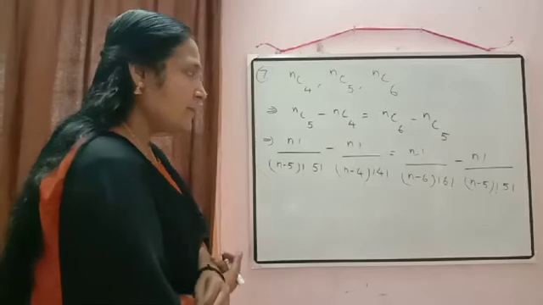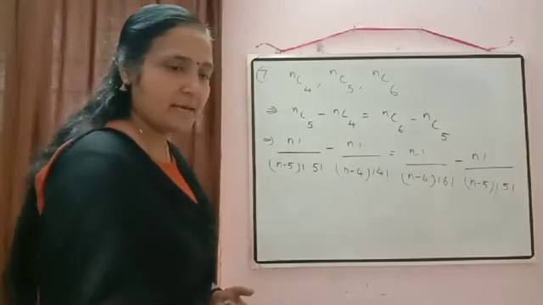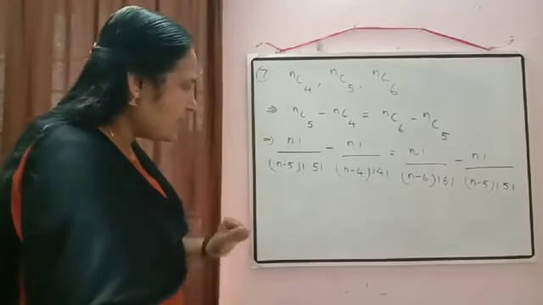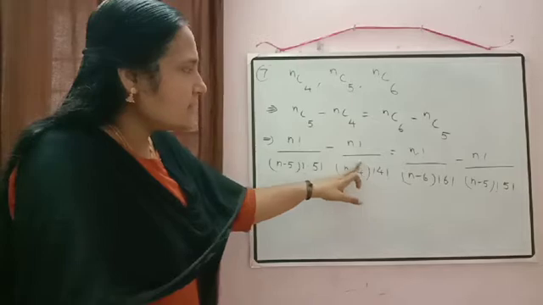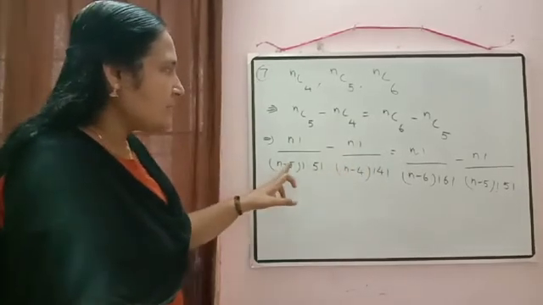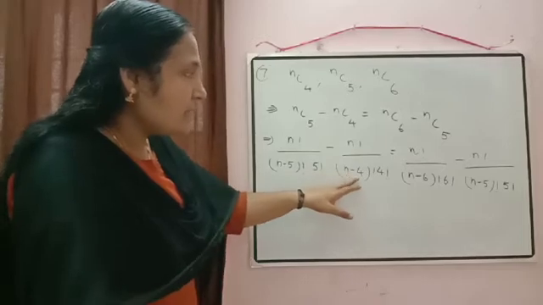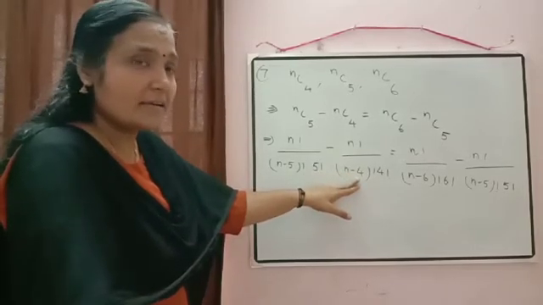Then in the remaining terms, you have to check what is the smallest number there, because we can keep on subtracting here. Here we have n minus 5 factorial, so n minus 4 factorial is the smallest. No, n minus 4 factorial is not the smallest, that will be the greater number. Correct?